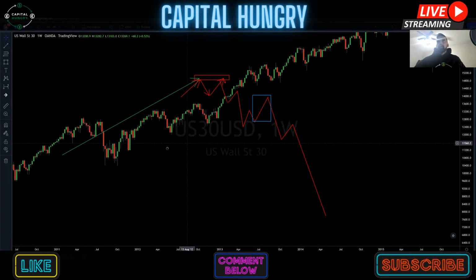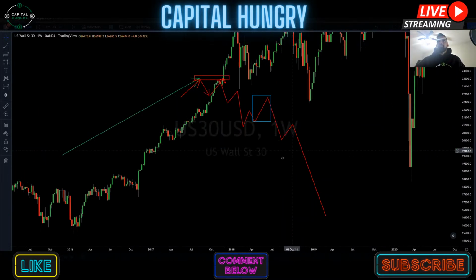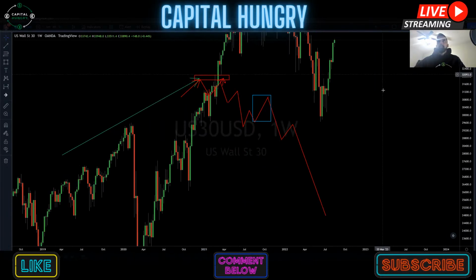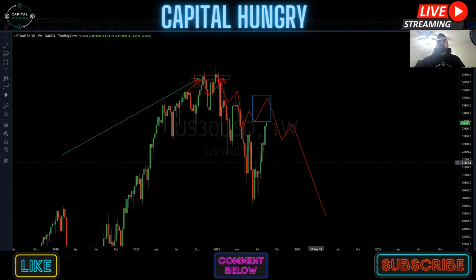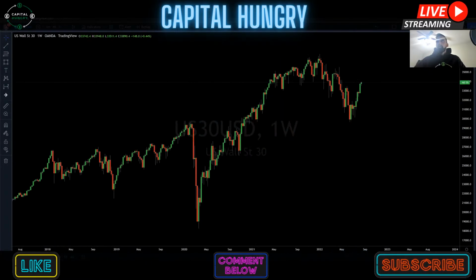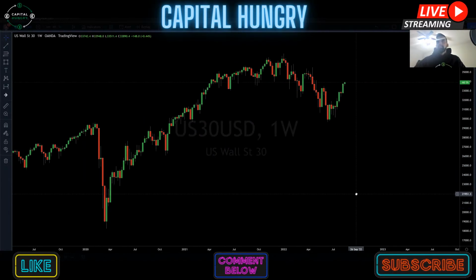When you're looking at current structure to this day, you can see the exact same thing taking place. Massive rally overall, double top that occurred here that just signaled less buy-side liquidity and the market topping off.